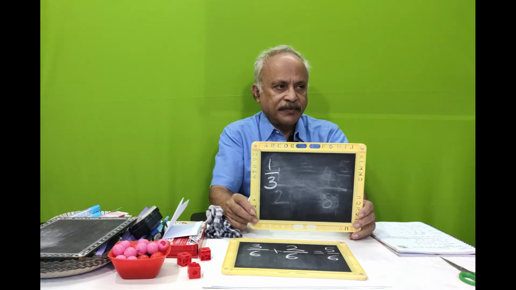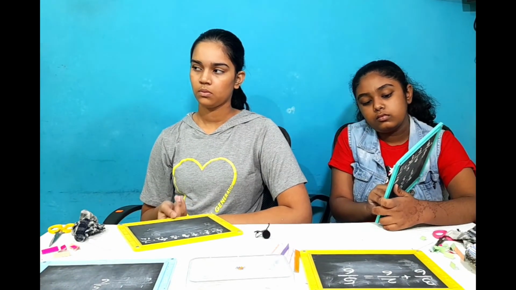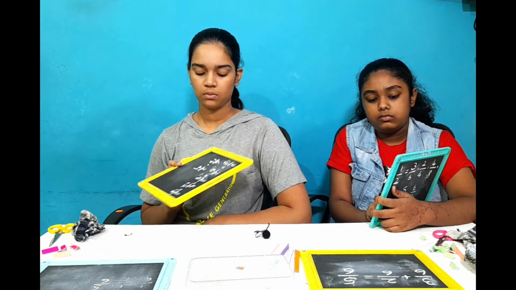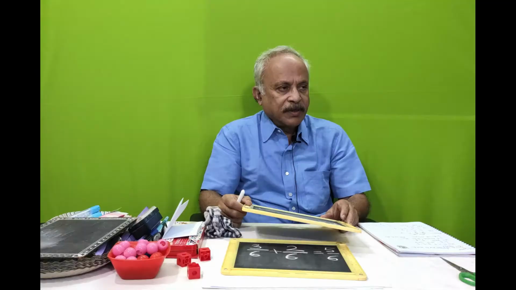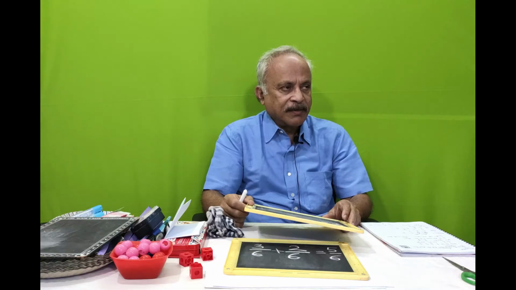Now look at both sides. Can you find a ratio for 1 by 2 which is made with the same size of pieces as a ratio for 1 by 3?